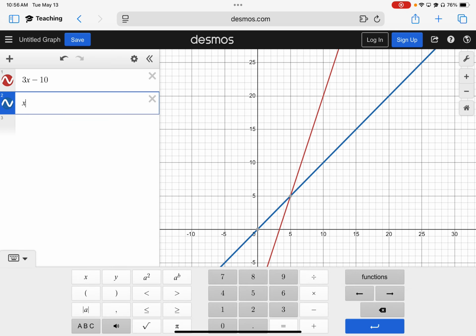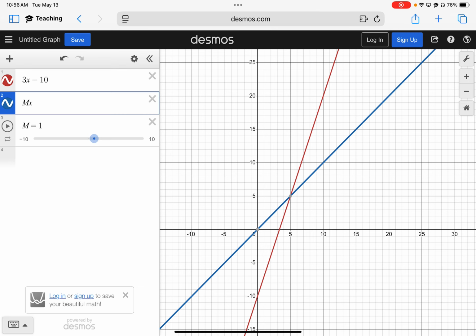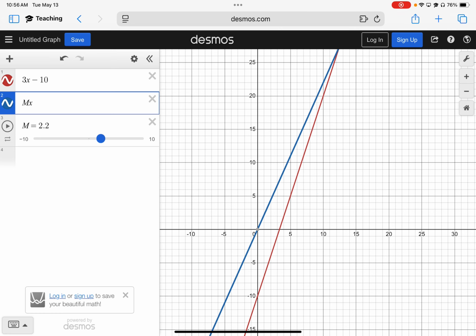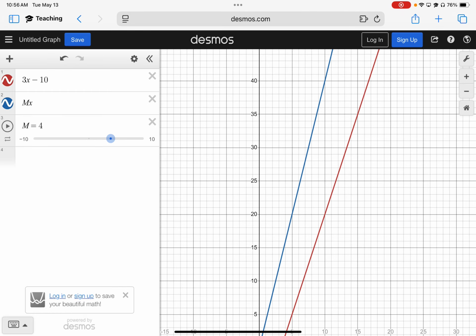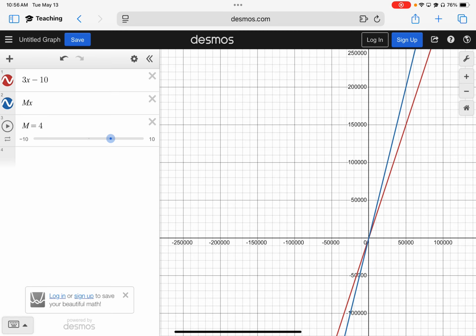But remember that the definition is not that 3x minus 10 is always less than x. It's that it's always, or eventually always, less than some constant multiple of x. So I set m to 4, and now we can see that 3x minus 10 is consistently less than mx.